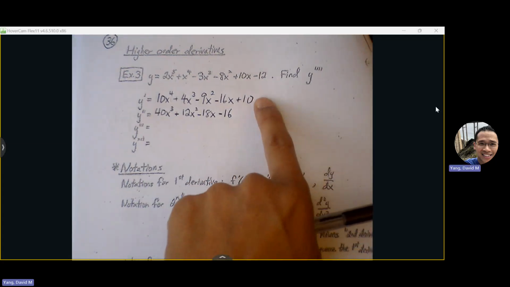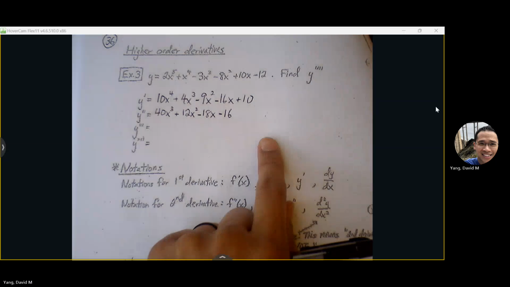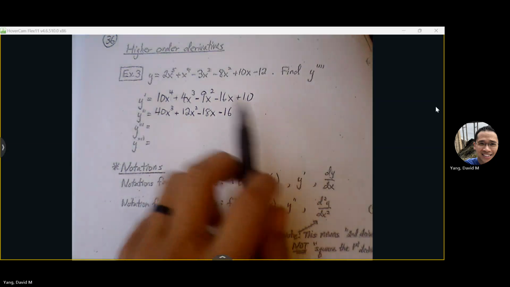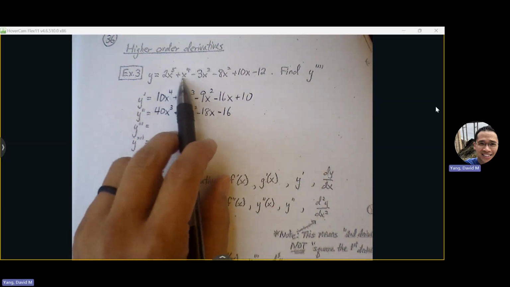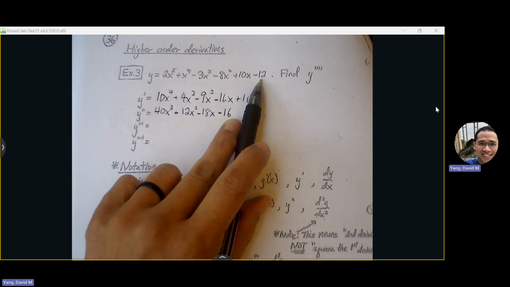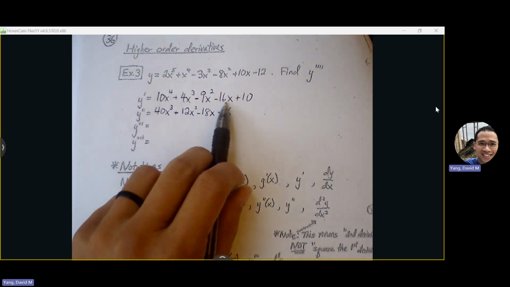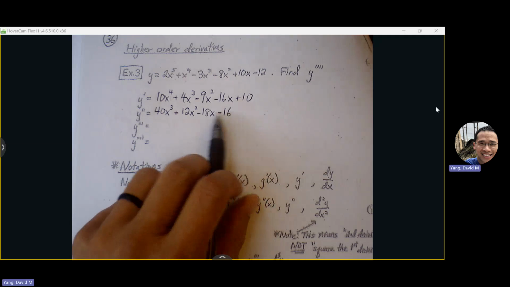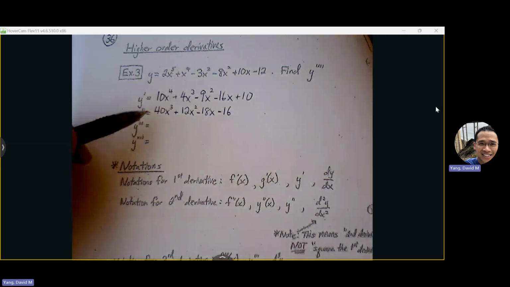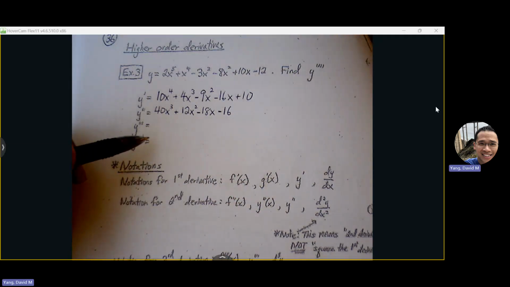What's going to happen eventually if we take enough derivatives? Do you notice any pattern with these terms here? Well, how many terms did we start with? 1, 2, 3, 4, 5, 6. And then what happens next? 1, 2, 3, 4, 5.